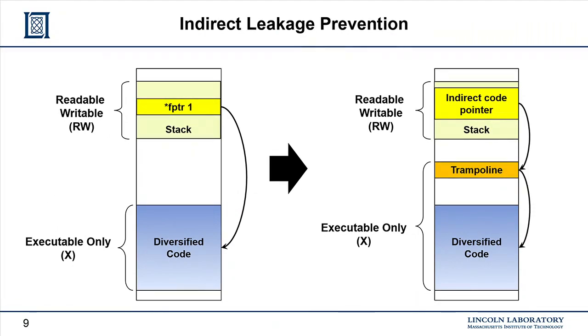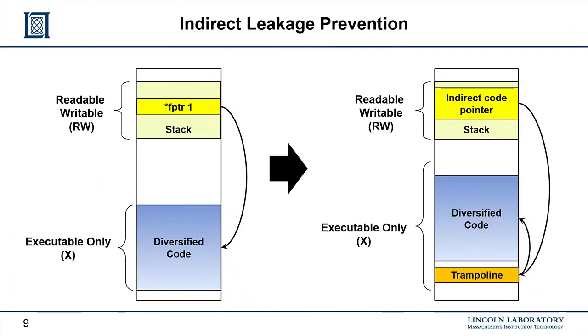So now we have this extra layer of indirection, and the executable part is completely invisible to an attacker. So if the attacker leaks the indirect code pointer, they only learn the location of the trampoline and not the actual code. And of course, the trampoline and the code itself are placed at random addresses in that executable section. I have to emphasize that the trampoline is also itself in an executable-only section.